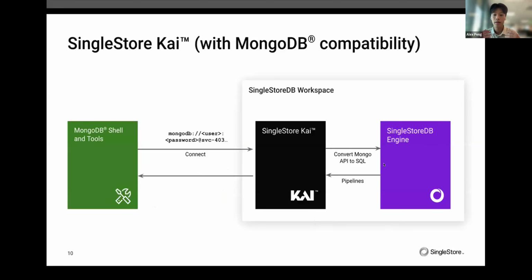That's why at SingleStore we've built SingleStore Kai, which is an API that sits on top of your SingleStore database and converts all of your Mongo API queries to SQL under the hood, which then run on SingleStore. And so what is SingleStore?